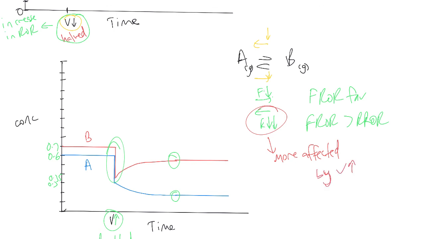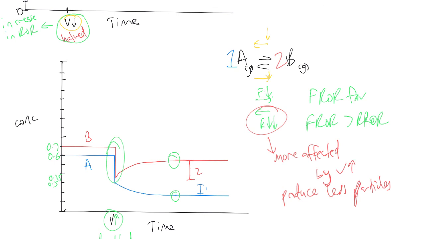If this is more affected, this one must produce fewer particles. If that reaction produces fewer particles, we can also look at the stoichiometry and see that that's changed by roughly 2 and that's changed by roughly 1. And so we can say that that's going to be a 1 to 2 ratio for that particular reaction.